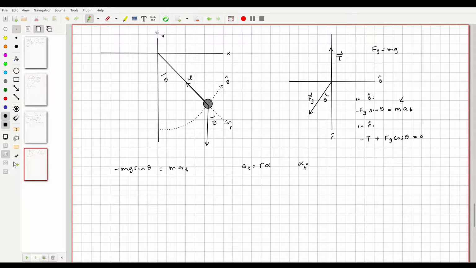And alpha is angular acceleration, which is two derivatives of our angle with respect to time. Okay, so if I cancel the masses out, on the left-hand side, I have minus g times sine of theta. And on the right-hand side, I'm going to have r, which remember is the radius of the circle. It's actually L in this case.